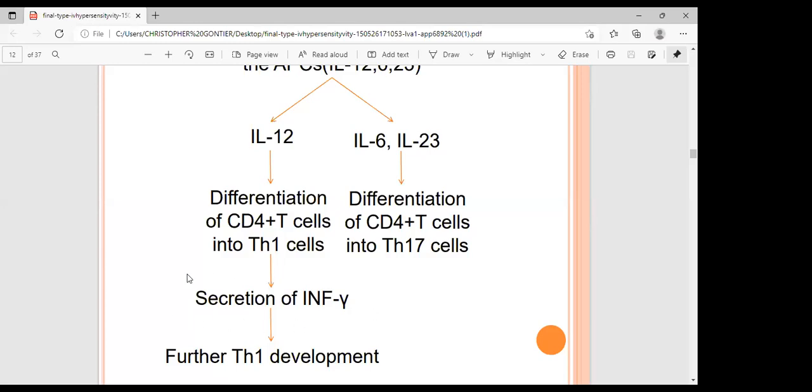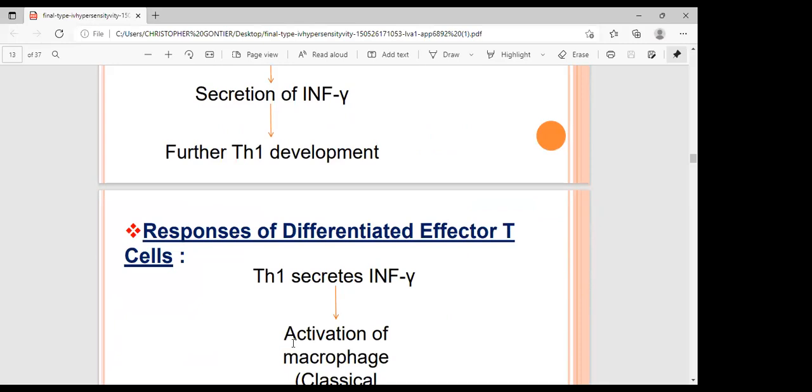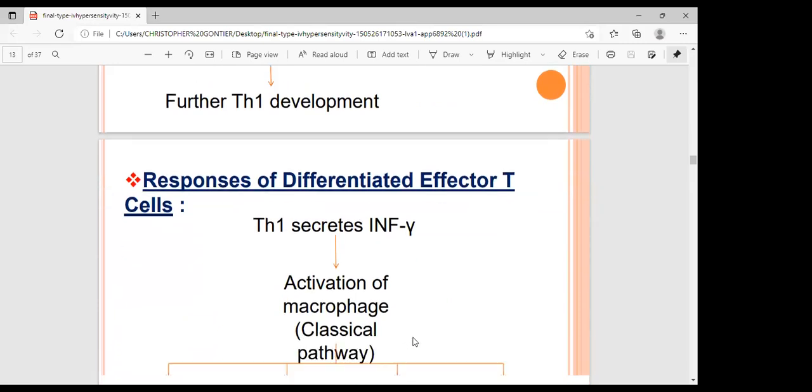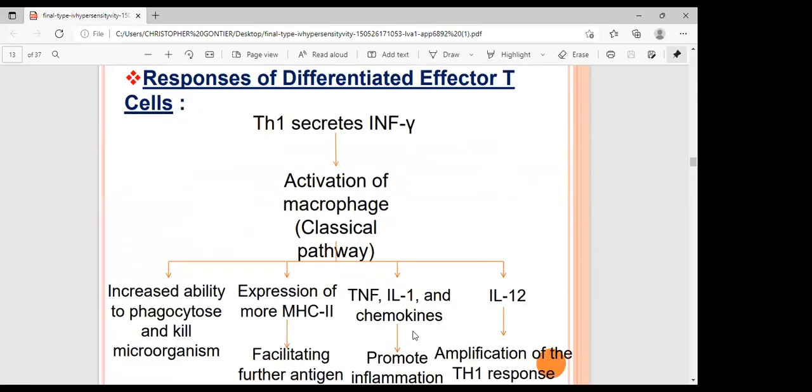Of gamma interferon, further TH1 development, or more importantly, this section: Th1 secretes gamma interferon that activates macrophages. This is the hallmark. And why is it so important?